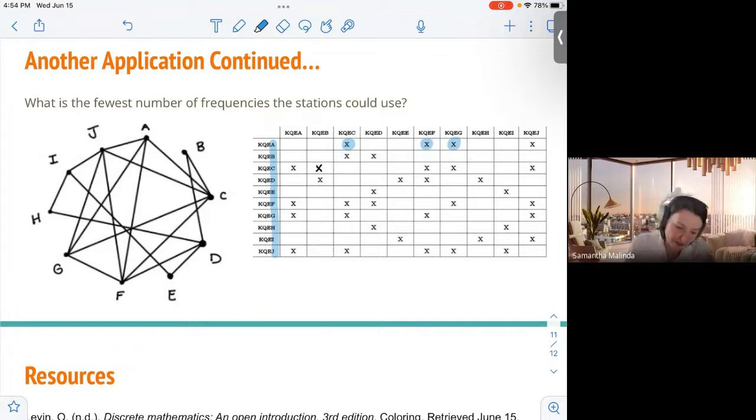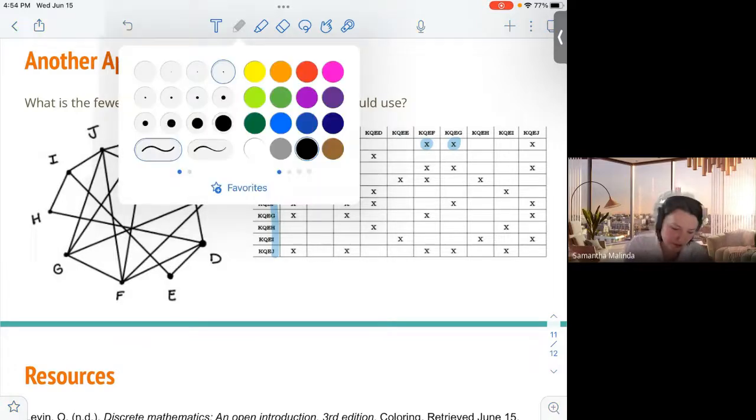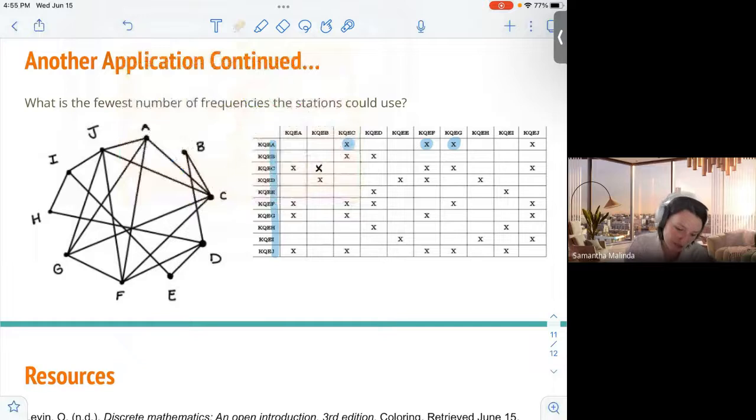So I want you to go ahead and color these on your own, so pause the video if you want to try it on your own, but the coloring should end up being A. Let's make A green. That makes C blue, J red.